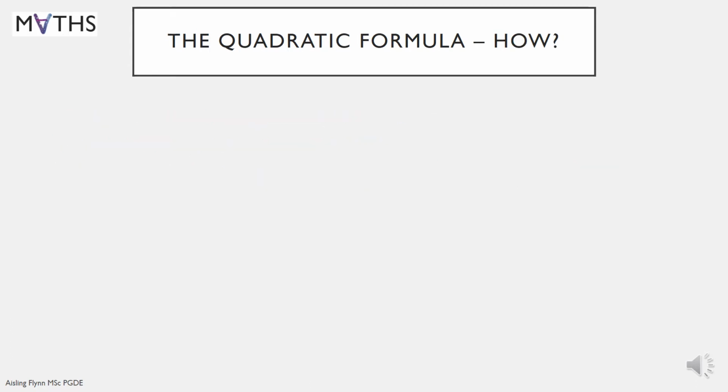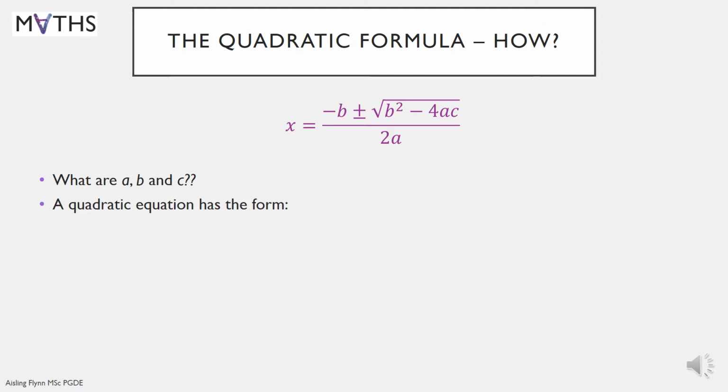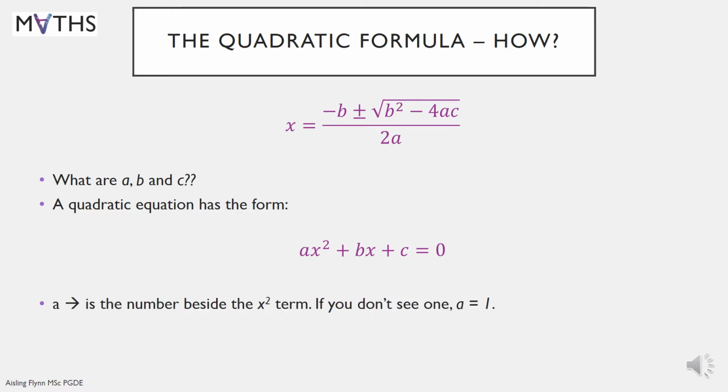So how do we use the quadratic formula? Here it is. So what are a, b and c? A quadratic equation has the form ax squared plus bx plus c equals 0. So a is the number beside the x squared term, the quadratic term. If you don't see a number, it's just x squared, then a equals 1.